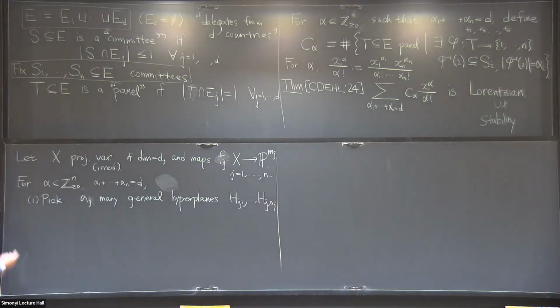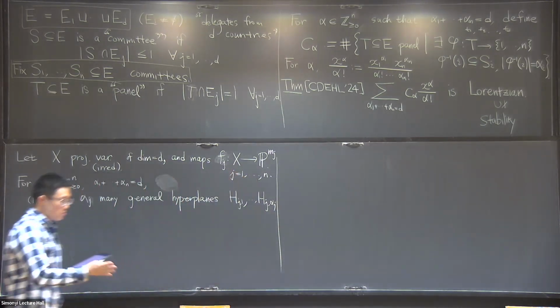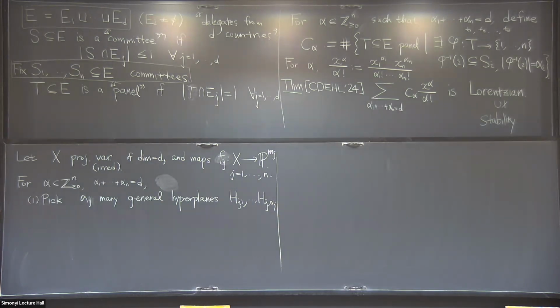So for each j, I pick alpha j many general hyperplanes in the projective space. So some general linear functions. That's what we have chosen.